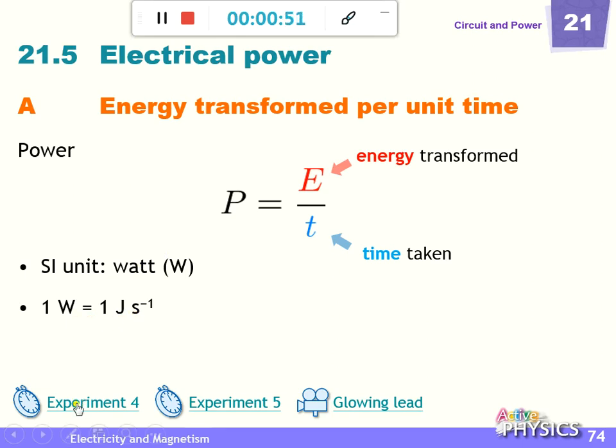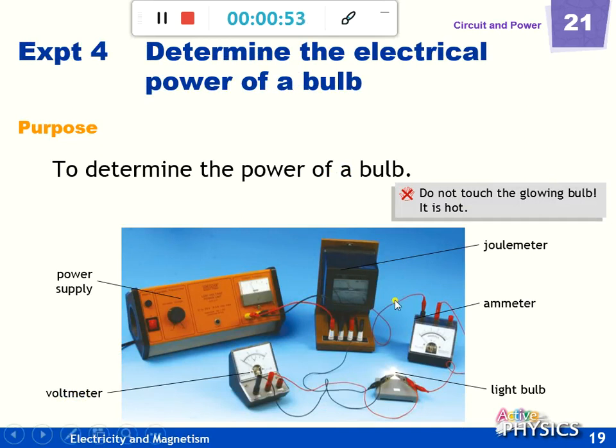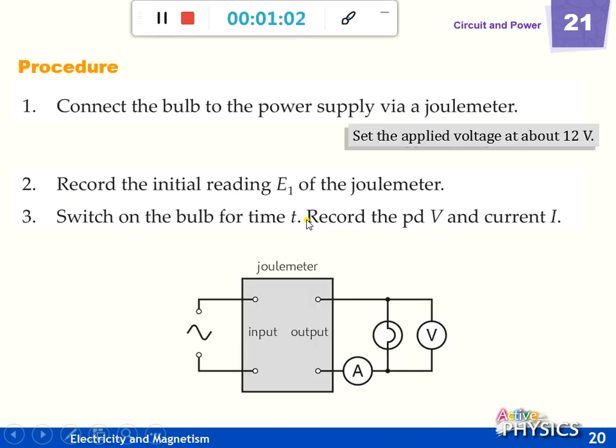Now look at the experiment. In this experiment, we want to focus on the power of a light bulb. How to do it? Of course, you should link up all the apparatus together. We record the starting reading. We will use the joule meter.